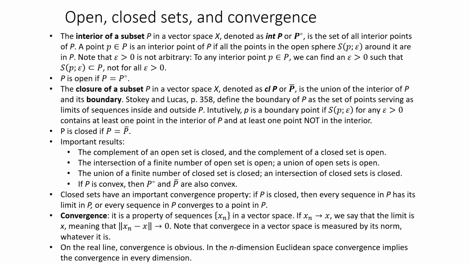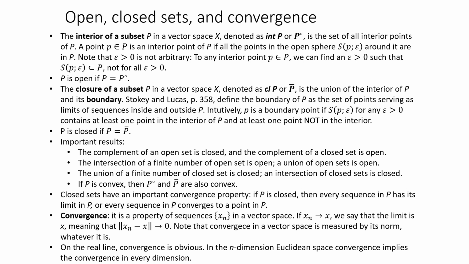And if points in this open sphere are in the same set, then the point is an interior point. So epsilon is not arbitrary. We must be able to find a positive epsilon for a point. And if we can draw an open sphere, a circle, a sphere around the point, then the point is an interior point. The closure of a subset is very similar, and it is related because the closure of a subset is the union of the interior and the boundary.